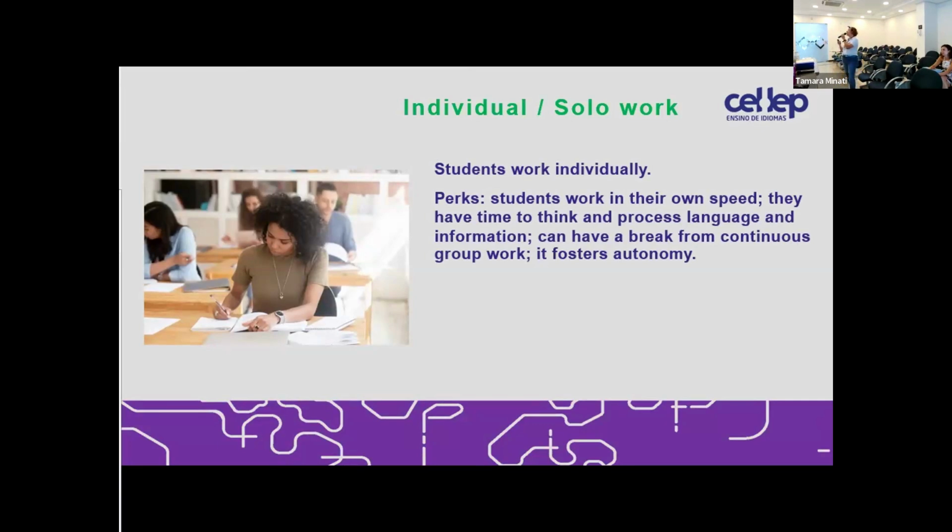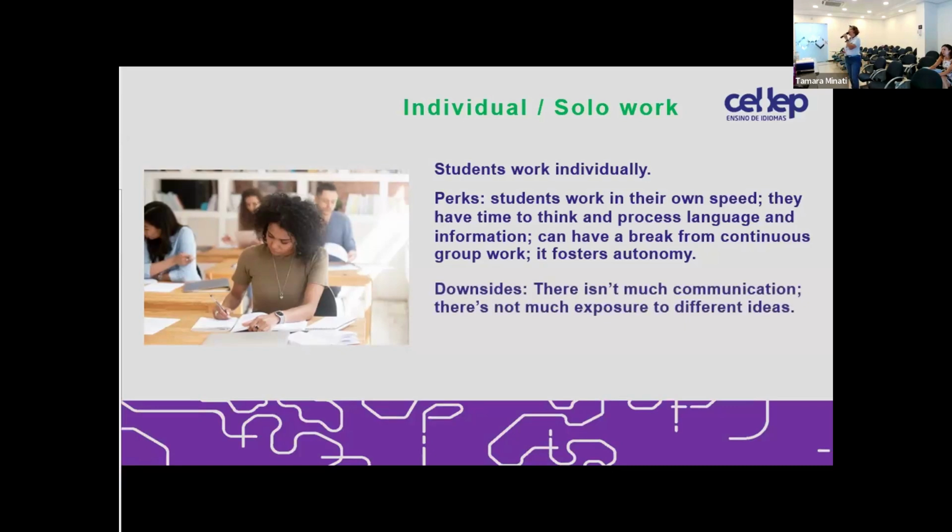They have time to process language and information, which in some cases is important. They can have a break from continuous group work, and it fosters autonomy, right? This is something that we encourage, autonomy. So they have a moment to decide by themselves what they have to do and how they have to do it.